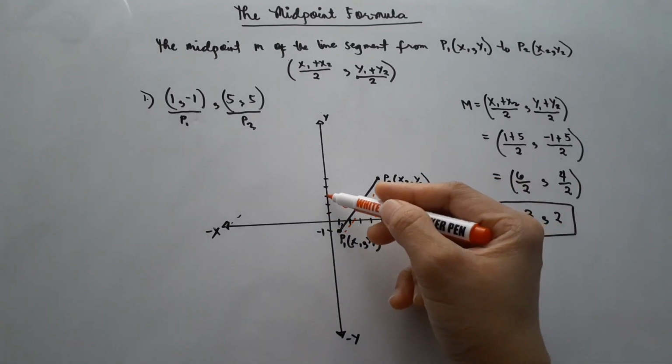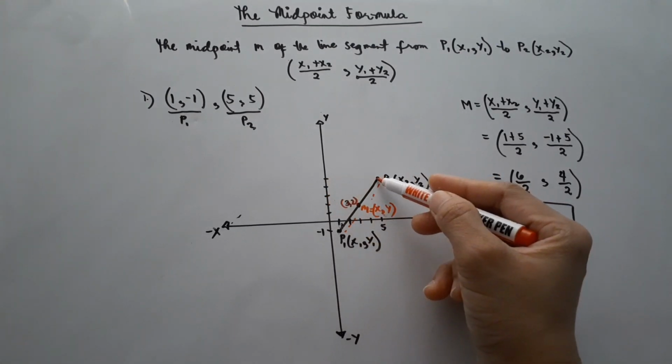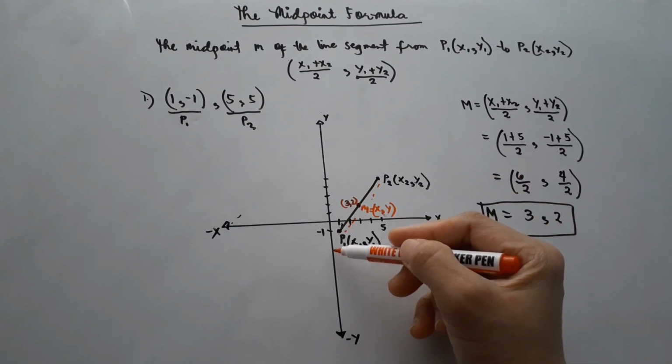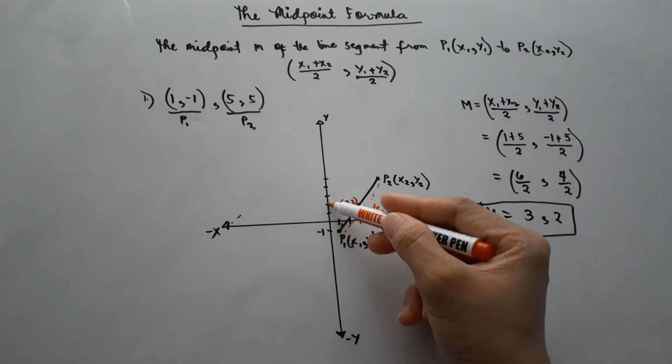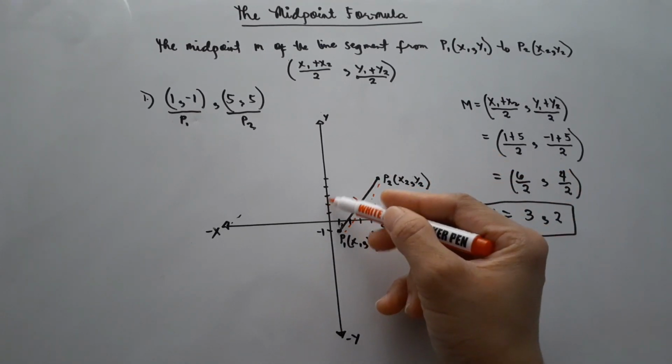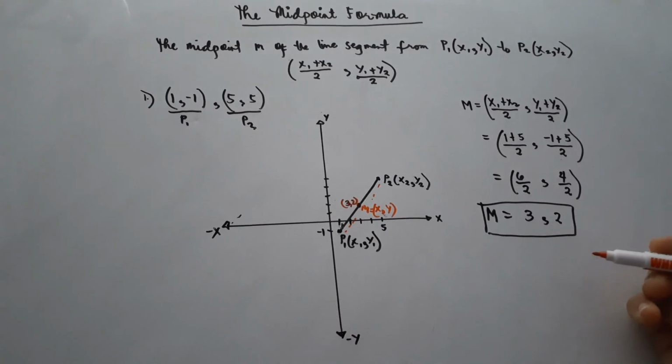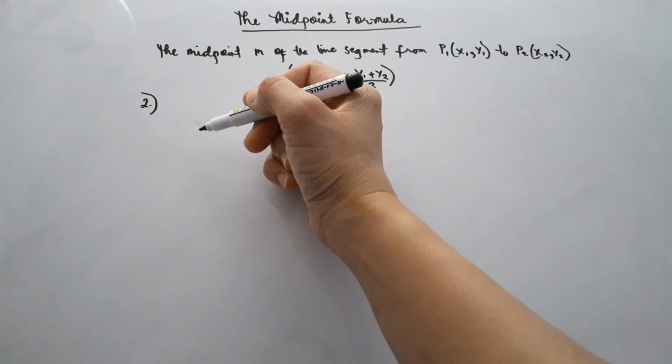Going upward here, 1, 2, 3, 4. So we have 4 measures in each endpoint, and from here we have to count 2, 3, 4. So the same measures from each endpoint. So we have 4 units from each endpoint.